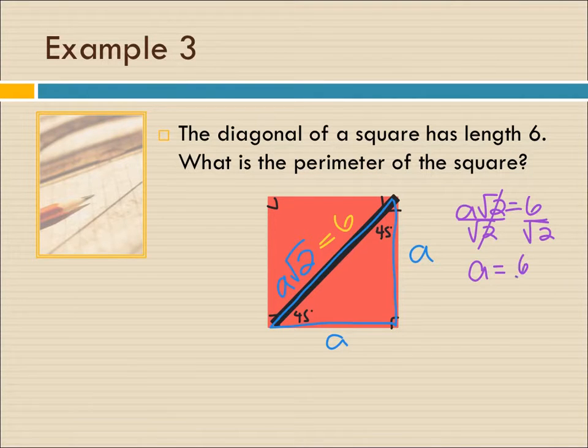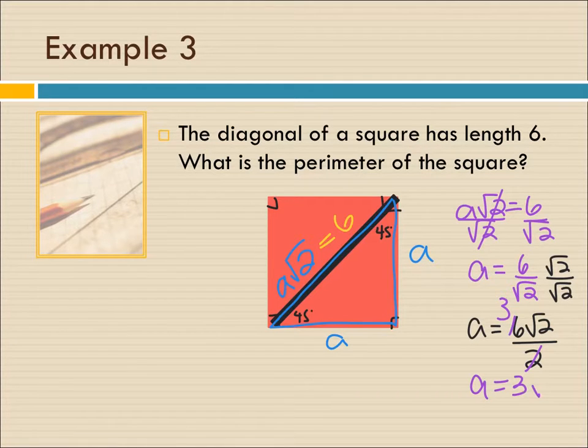A equals 6 over root 2. And then that root 2 can't stay in the bottom, so what do I multiply by? Root 2 over root 2. And A equals 6 root 2 over root 2 times root 2, which is 2. And then I can simplify. So obviously they're not all going to be 6, but the process is the same.